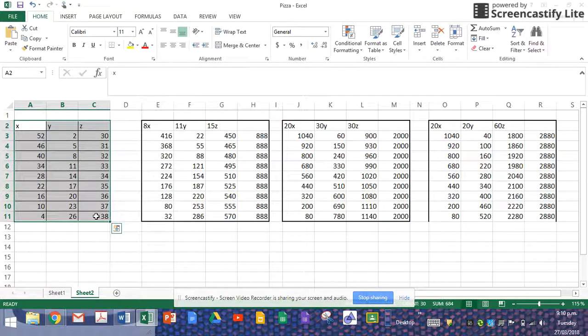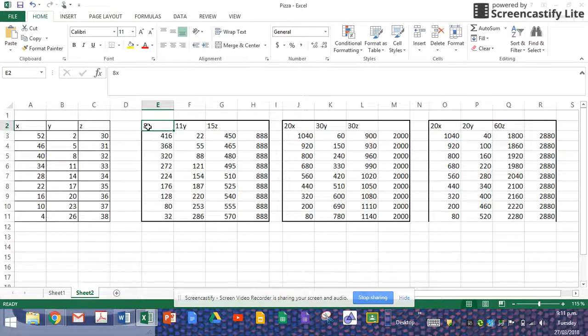So those are all the possible solutions which will satisfy the new requirements for $888 of sales, 2,000 grams of cheese usage on one particular evening, and 2,880 grams of vegetables used, provided that each mini pizza is sold for $8. So this here is just me checking out my own work.